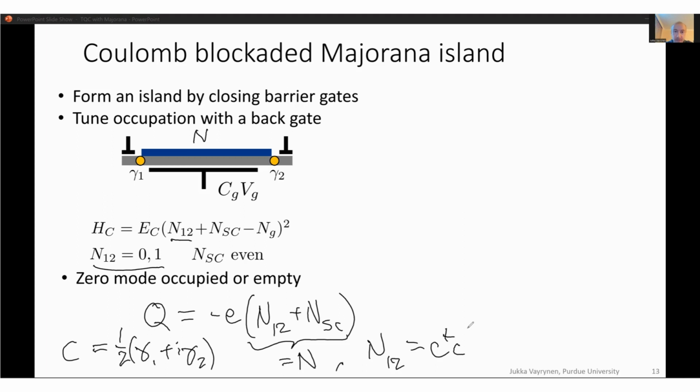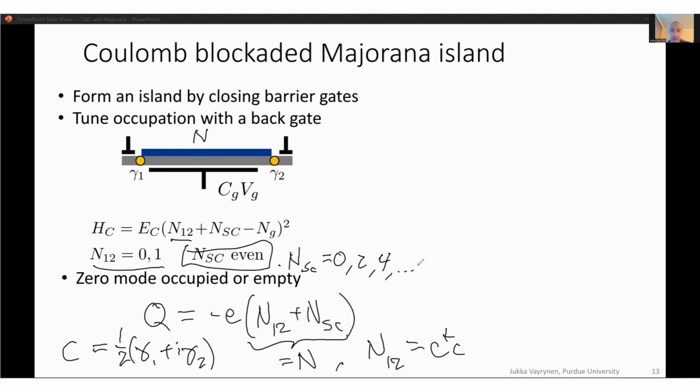Whereas NSC is the number of electrons in the blue region in the superconductor. Because the blue region is an S-wave superconductor, it always has Cooper pairs. So that means NSC is an even number, so let's say it takes values 0, 2, 4, and so on.